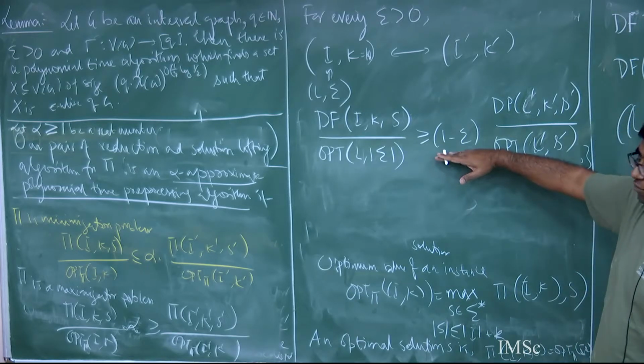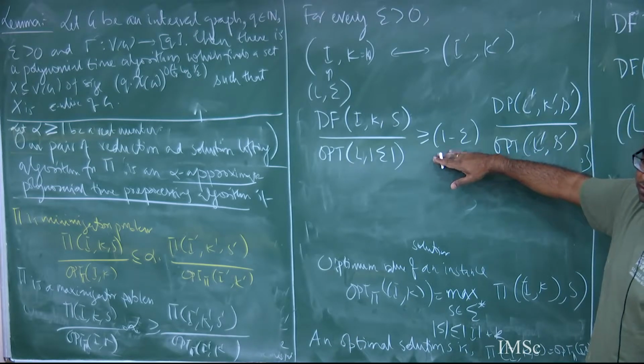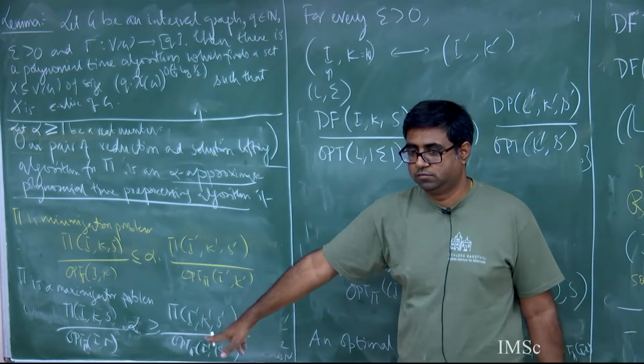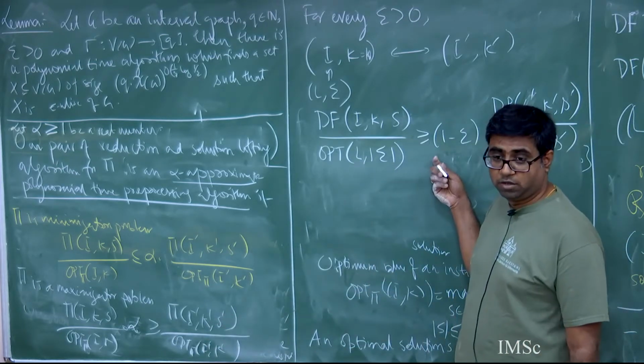Now you notice this is 1 minus epsilon, epsilon is greater than 0, so this is something less than 1. So when I bring it here, it will become greater than 1.